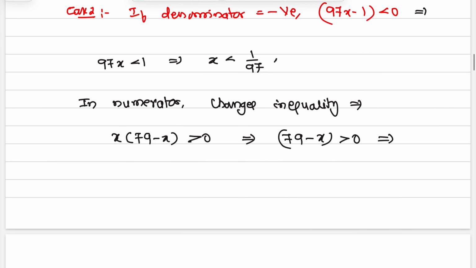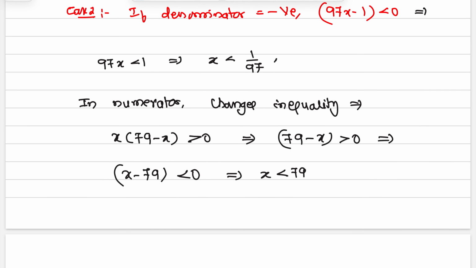That implies x minus 79 is less than 0. We are playing with the properties of the inequalities. That implies x is less than 79.